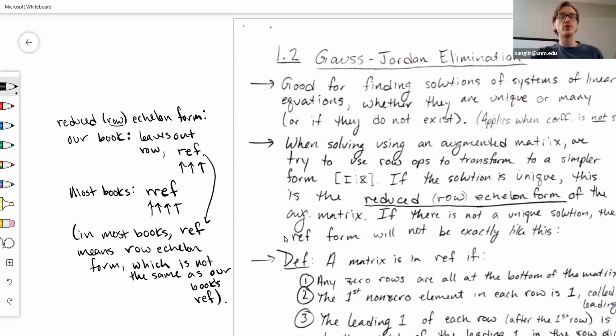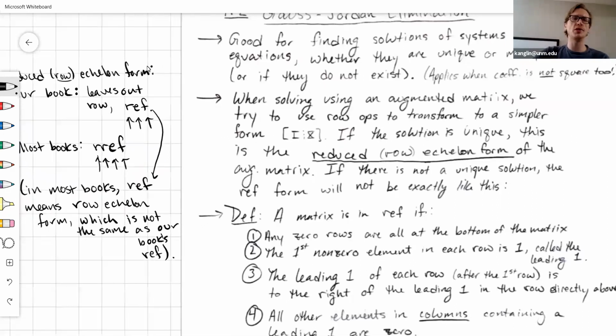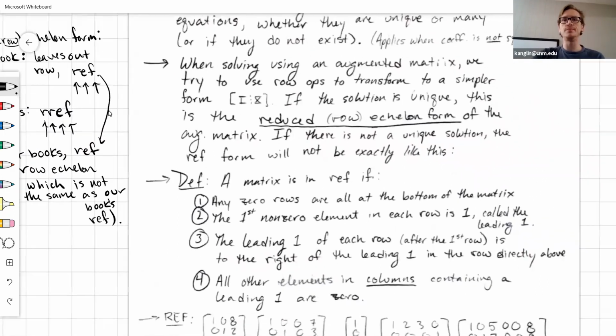So if you're looking for other sources on this stuff, just beware, when we say REF, the R means reduced. Other sources will put two R's there when they want the reduced version. It's kind of an unfortunate piece of terminology in our book, but we'll just have to make do with that. If you have questions about it, let me know. We can clear it up more.